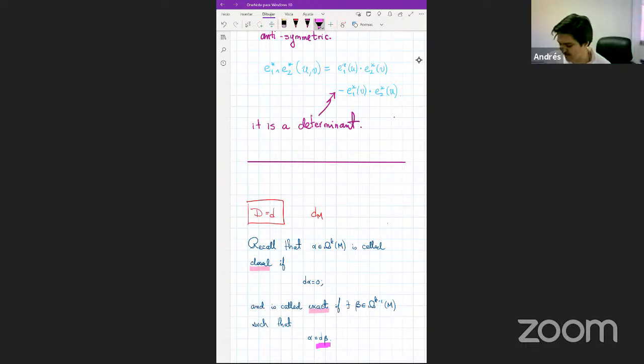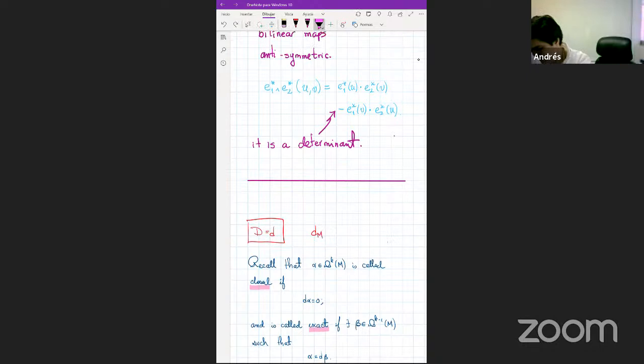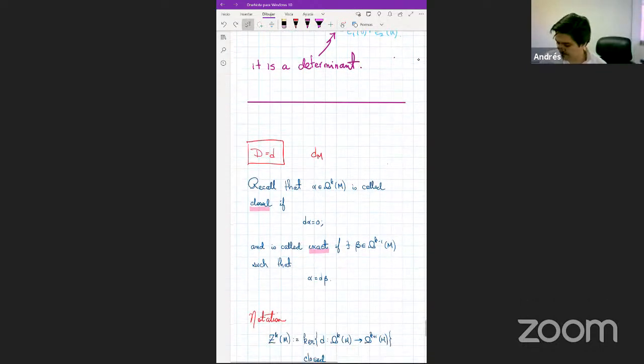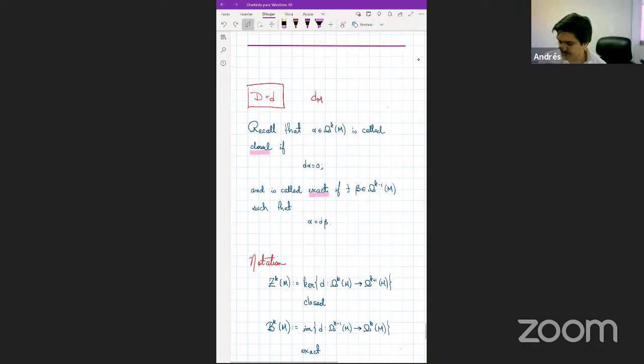So note that here beta has degree k minus 1. Okay, so that's the notation that we use.